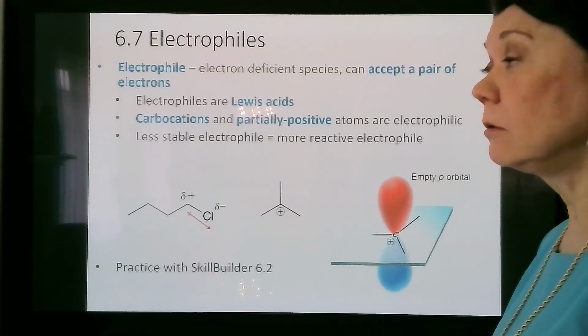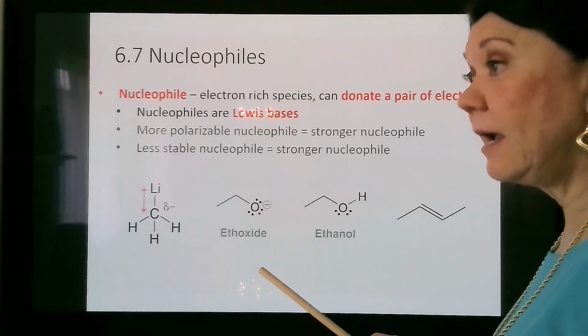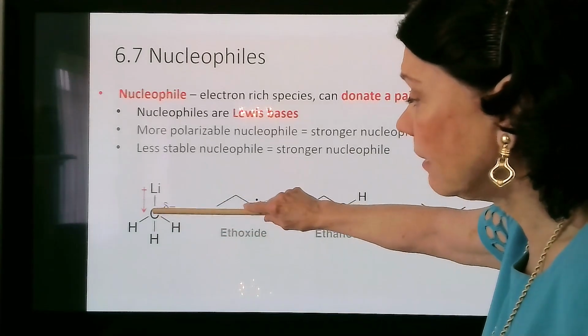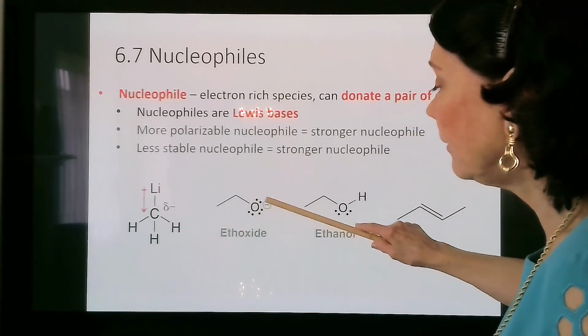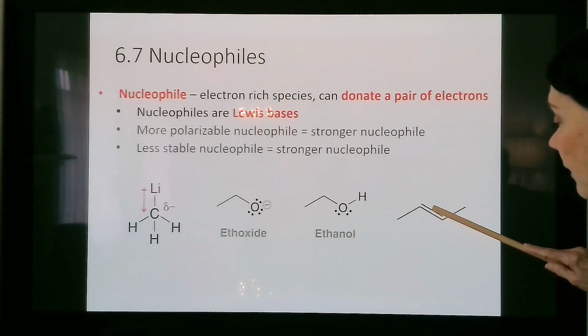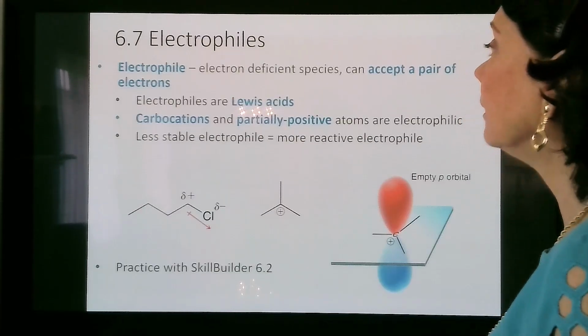And these are all examples of molecules that have pairs of electrons that can be donated. Here the pair of electrons is in the carbon-lithium bond. Here the pair of electrons is a lone pair on oxygen. Lone pair on oxygen, and the pair of electrons in the pi bond will be the ones that are donated here.